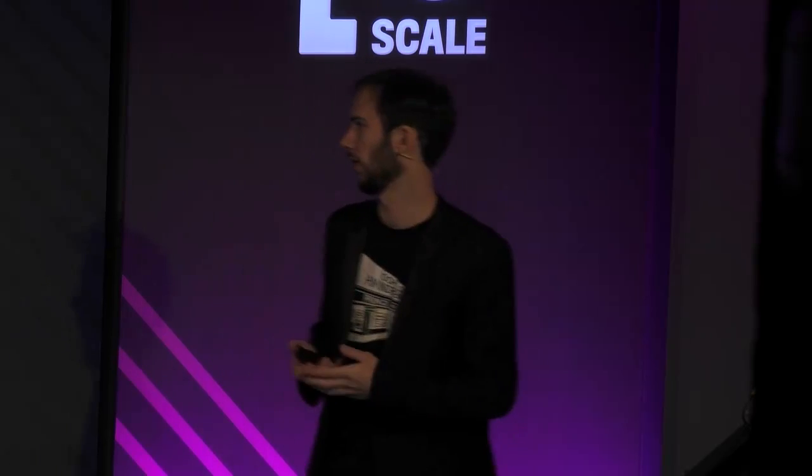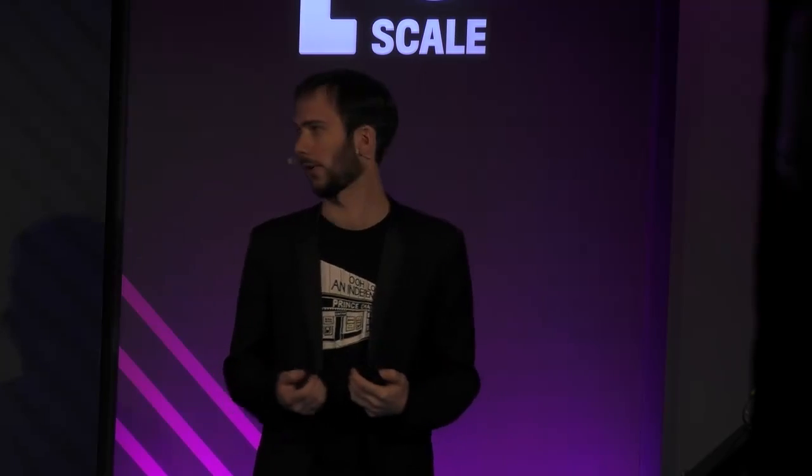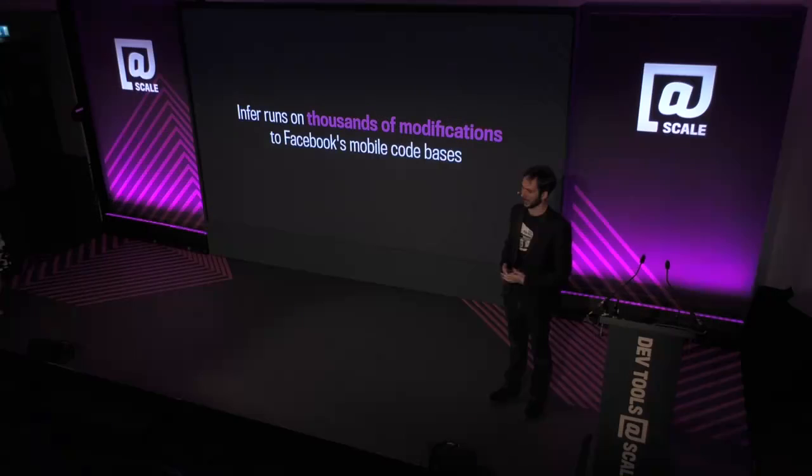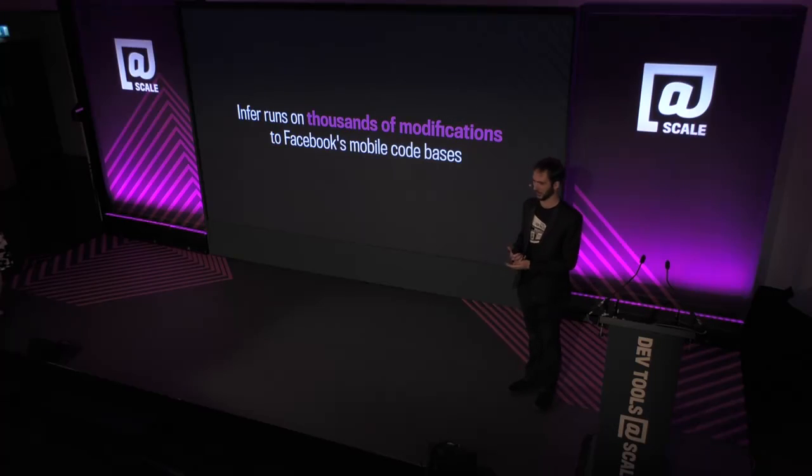So in a typical month, Infer runs on thousands of modifications of the Facebook mobile code bases and hundreds of the issues reported by Infer are fixed by developers. And that's how we measure success of the analyzer. It's how much developers care about the feedback that Infer gives them.